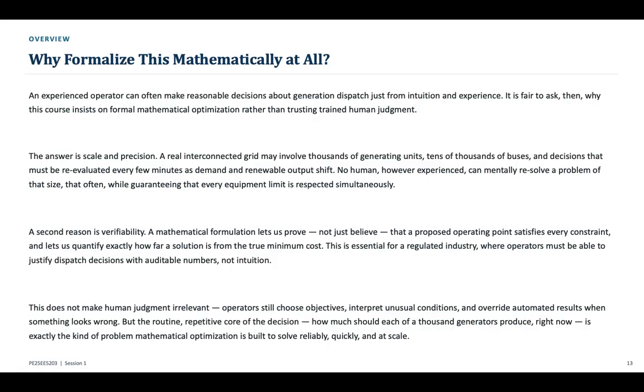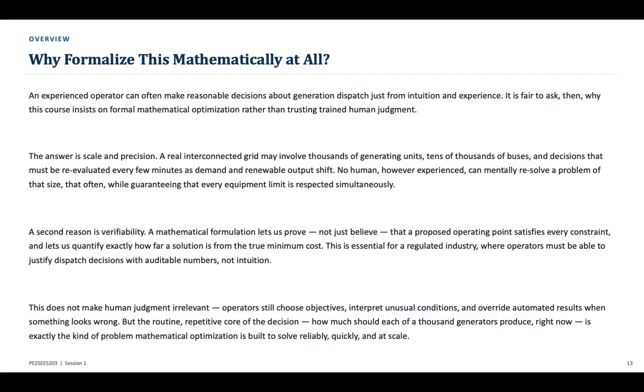What is the limit line? What is the boundary? Do we have an optimal generation? Also, the mathematical formulation lets us quantify exactly how far a solution is from the true minimum cost. This is essential for a regulated industry where operators must be able to justify dispatch decisions with auditable numbers, not intuitions.